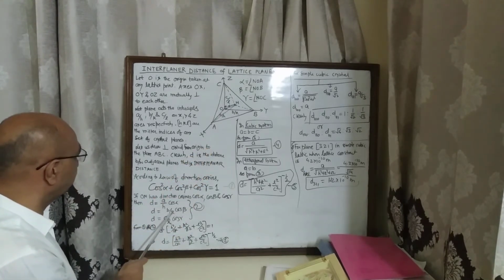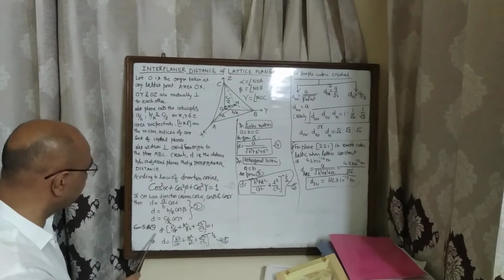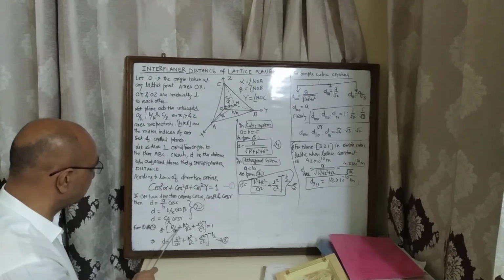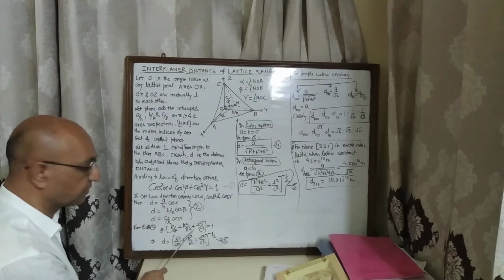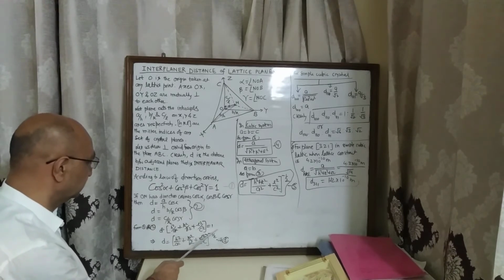From 1 and 2, on putting the values of cos alpha, cos beta and cos gamma in this equation, we get d square times the bracket h square upon a square plus k square upon b square plus l square upon c square equal to 1.